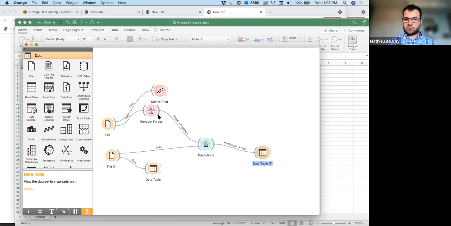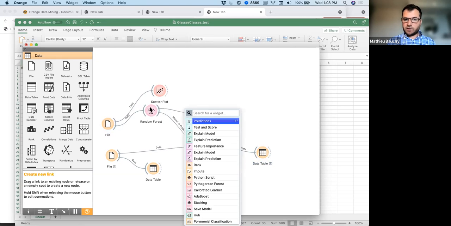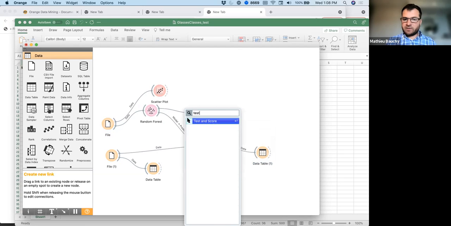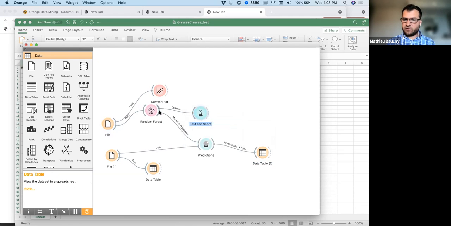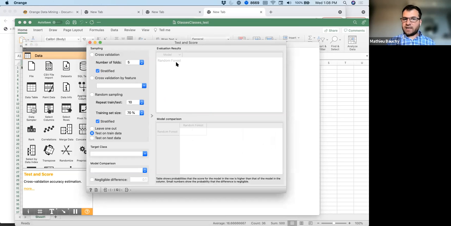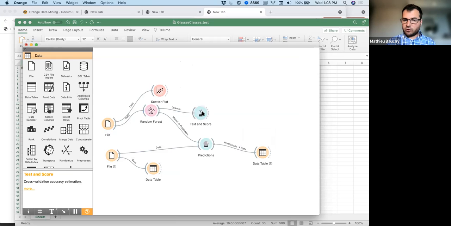So what you can do is take your random forest and attach it to the test and score, right? So at this point, those two things are connected to each other. If you just do that, then you won't see anything, because the test and score widget at this point only receives the prediction from the model, but doesn't have anything to compare it with.